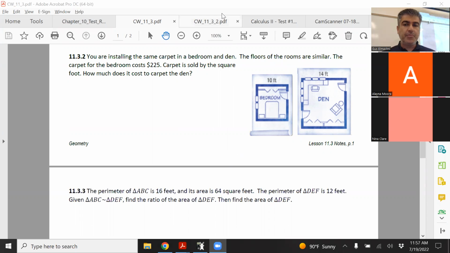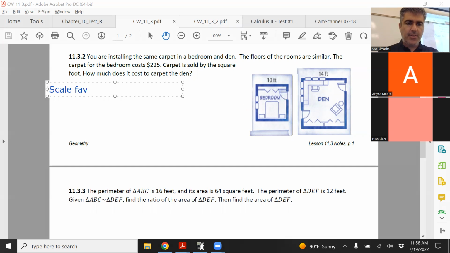Okay. So I don't know this side, right? Nor do I know this side. But I do know this is 10, and that's 14. So the ratio or the scale factor, let me write that better. All I'll do is a text box.